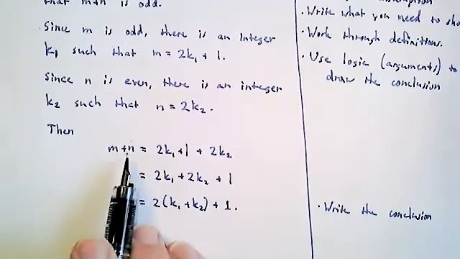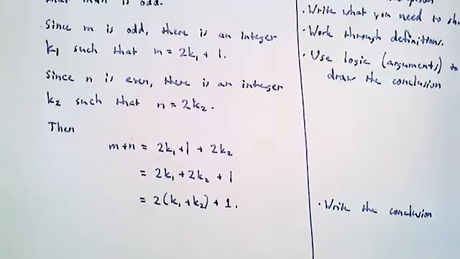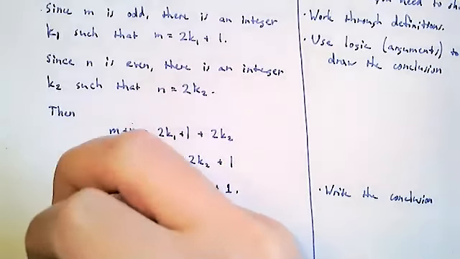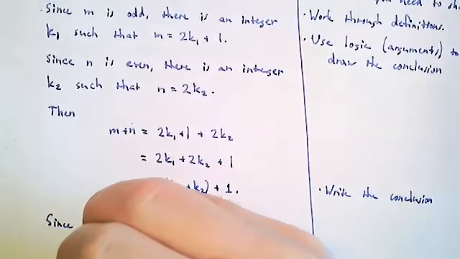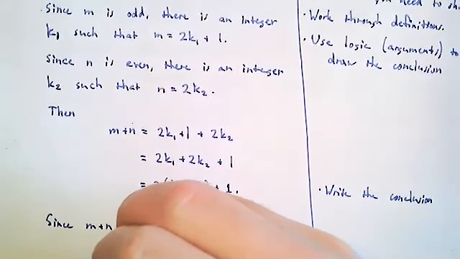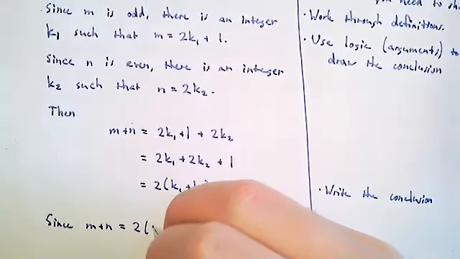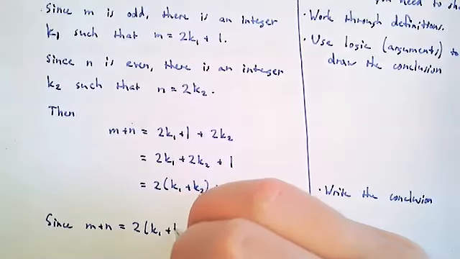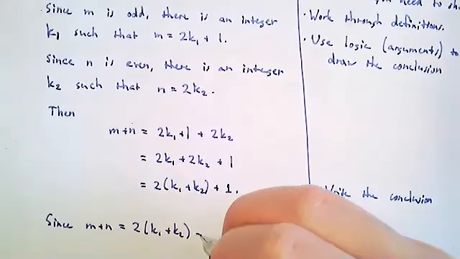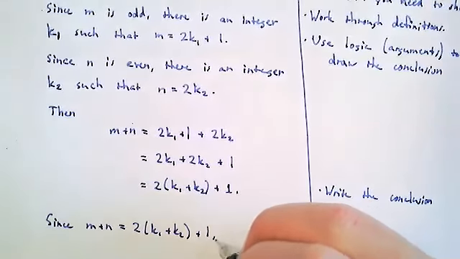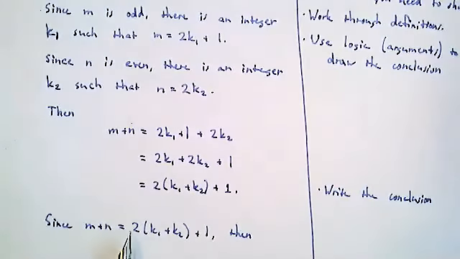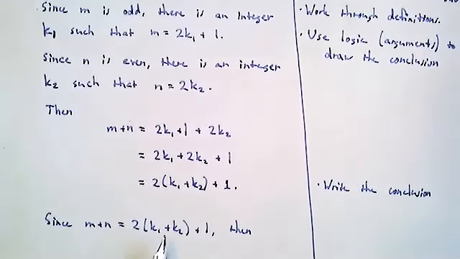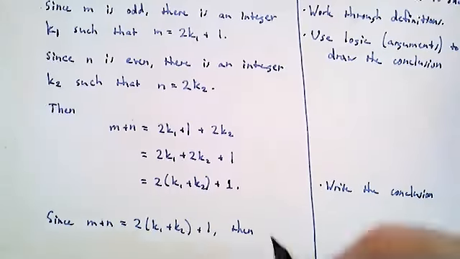So now we know that m plus n is equal to this. So I'll say something like, since m plus n is equal to 2 times (k1 plus k2) plus 1, then we know that m plus n is equal to 2 times an integer plus 1.